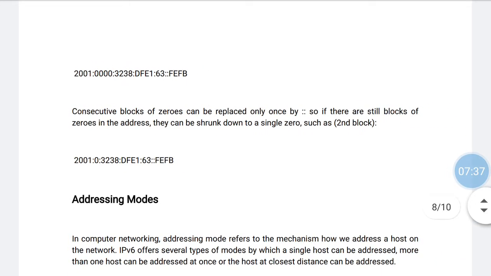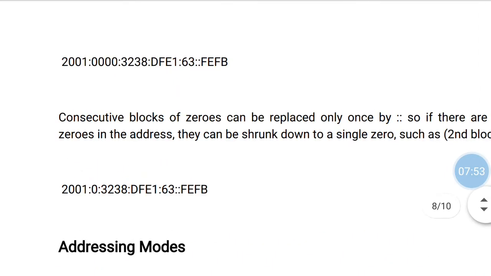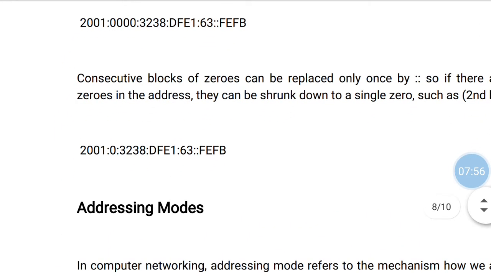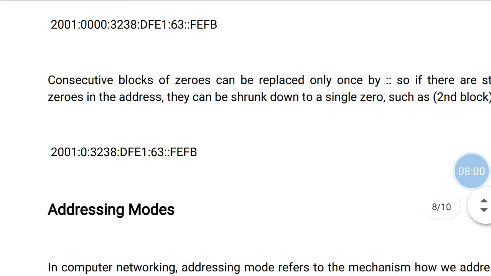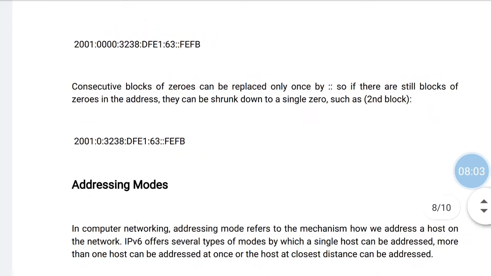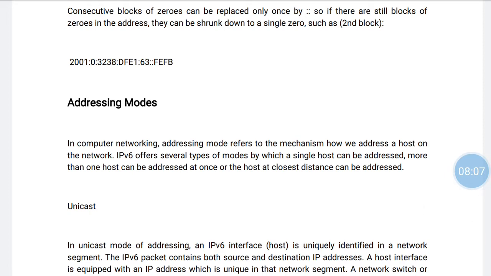Consecutive blocks of zeros can be replaced only once by a double colon. If there are still blocks of zeros in the address, they can be shrunk down to a single zero, such as the second block. Now we have zeros in the second block also, so for the second block we will put a single 0 for the 4 digits. This is the method to shorten the address.